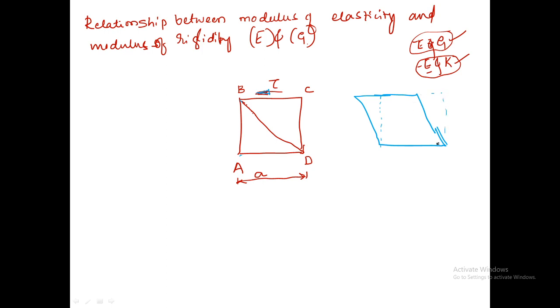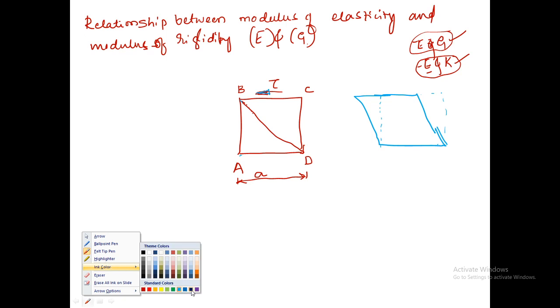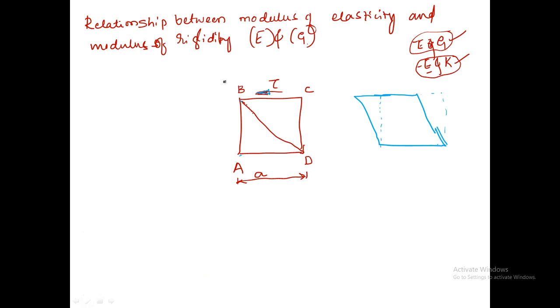Okay, so let us identify here. Now after application of the shear stress, now it has been deflected to a new position here. So this is C dash, this is B dash, okay? C dash and B dash. So otherwise you take this as a new term.